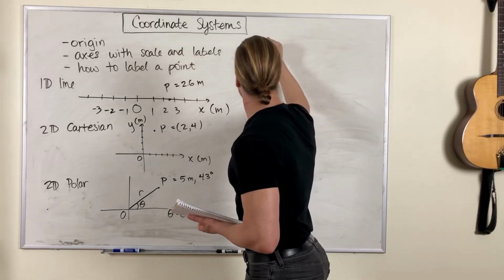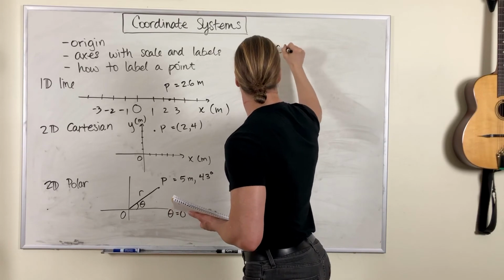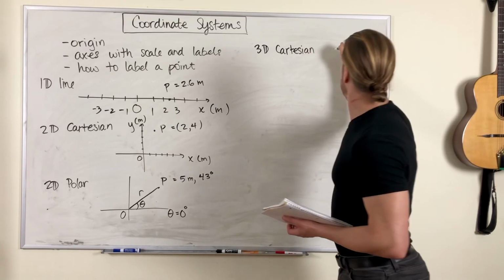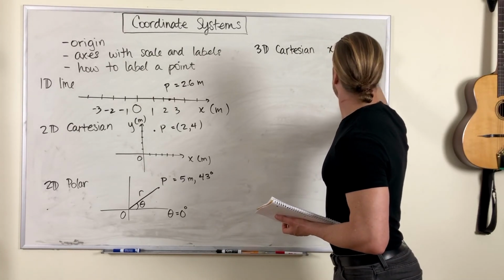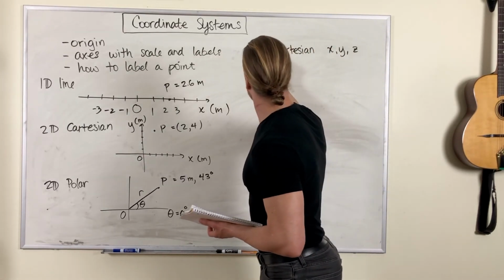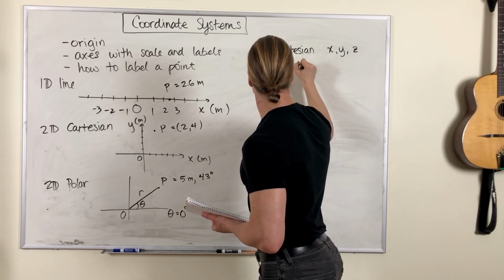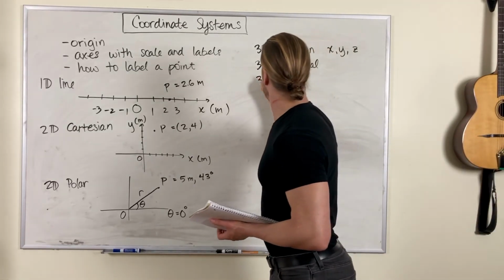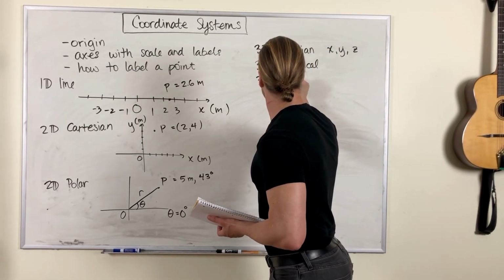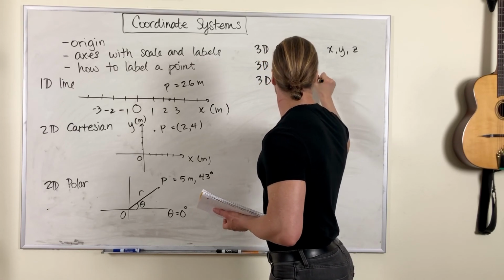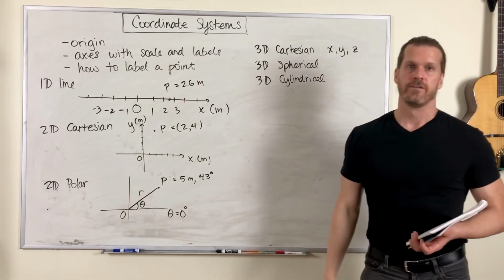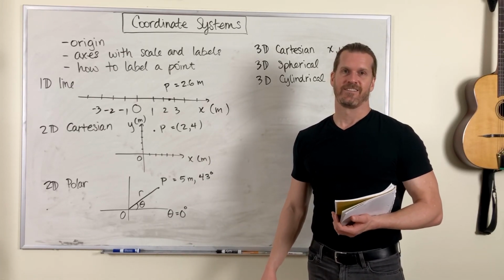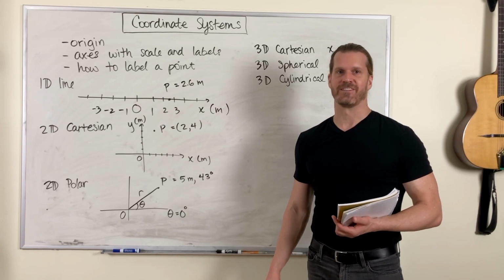There's 3D coordinate systems, where you need an X, a Y, and a Z coordinate, or 3D spherical, or 3D cylindrical. And there are even other types of coordinate systems that are used in crazier situations, like in general relativity, but you won't need those.